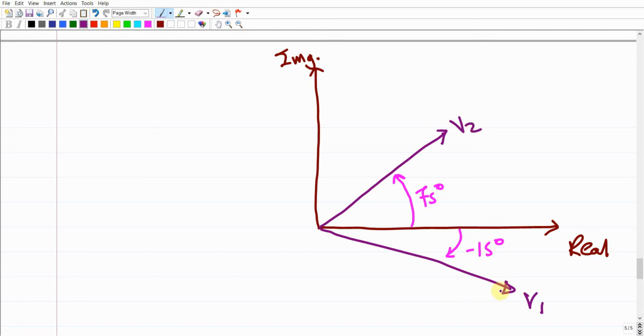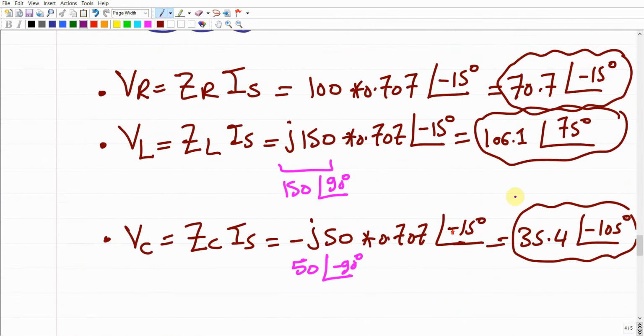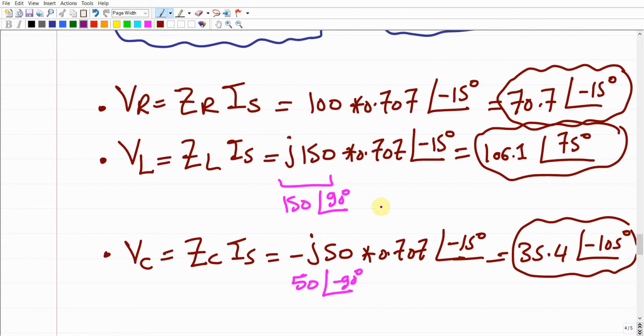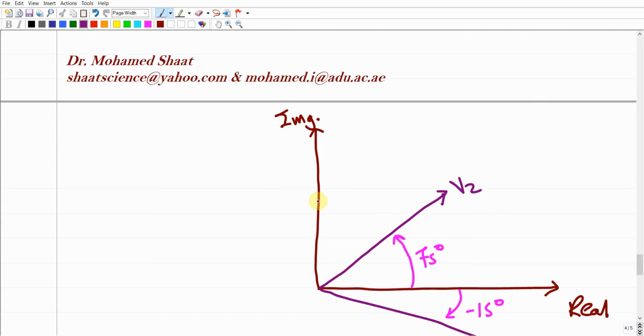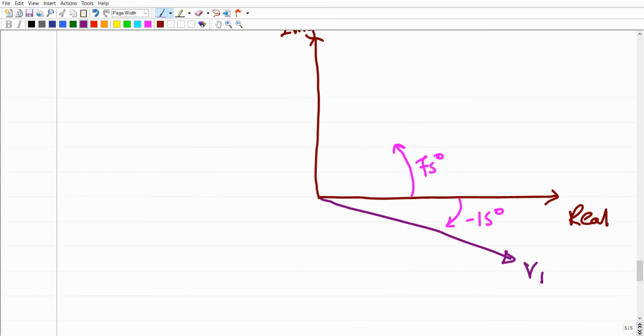Try to make the relation between V1 and V2 in terms of the length of the arrow consistent with the values. As you can see, the VL should be bigger, longer, and the VR should be shorter. So V2 should be a little bit longer here. In this line, when I draw the VL, this is gonna be VR. The VL is gonna be longer because it has a bigger value.